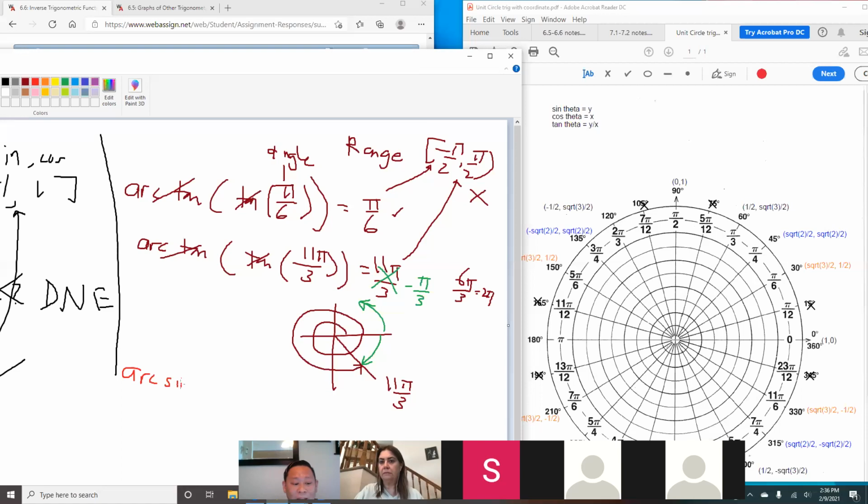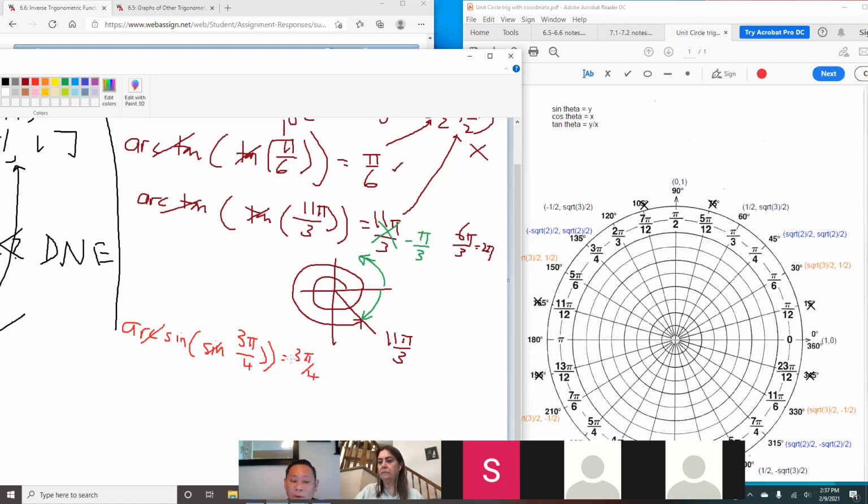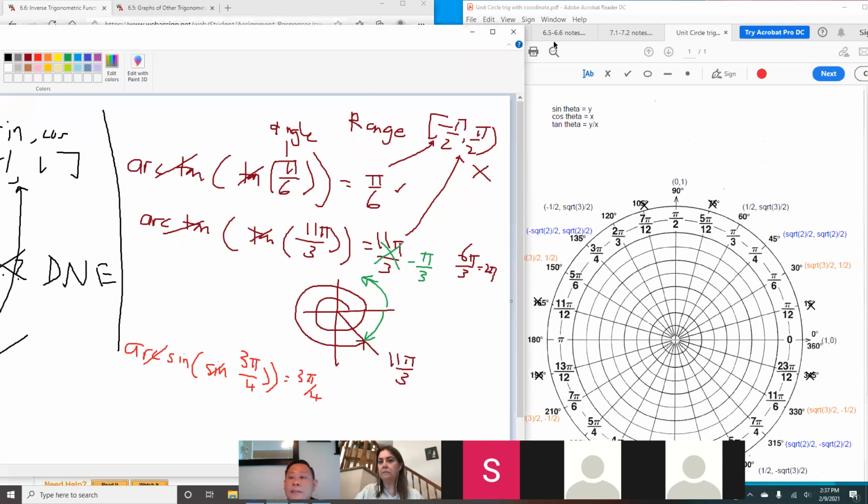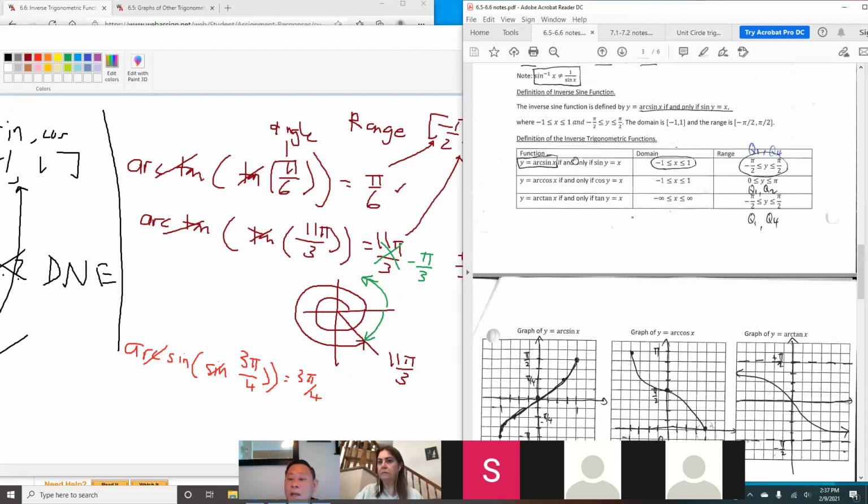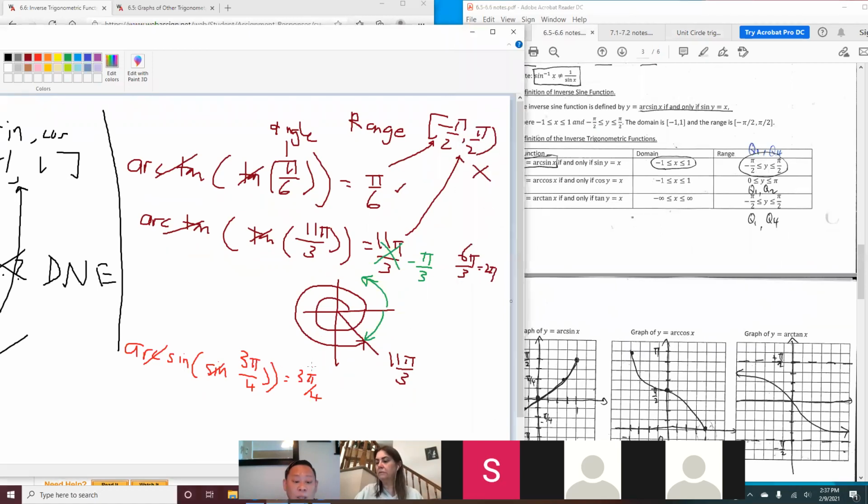Arcsine of sine, let's say 3 pi over 4. So this will cancel. You will get 3 pi over 4. Does anyone remember what the range is? Because now we're talking about range. The range of arcsine, if you look at the notes, is the same as your arctangent, which is what?